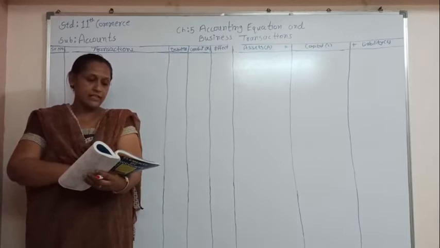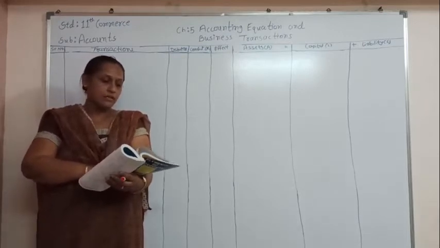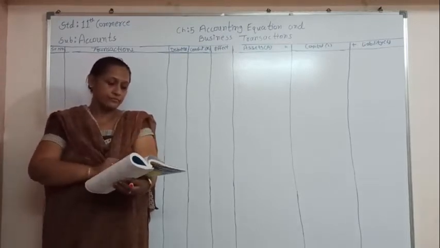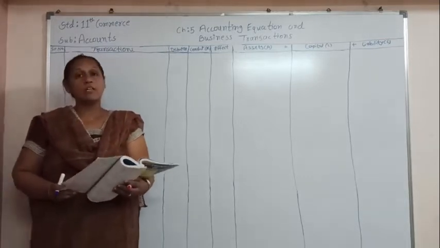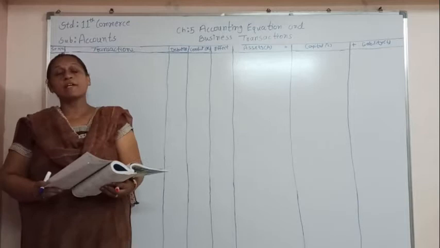Next transaction is transaction number 12, and that is commission received rupees 4,000. So here commission is our income that we have received in cash.